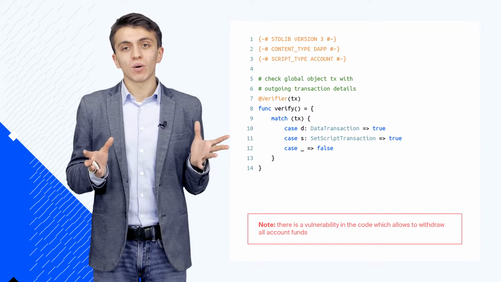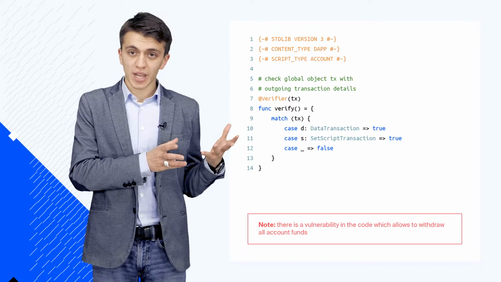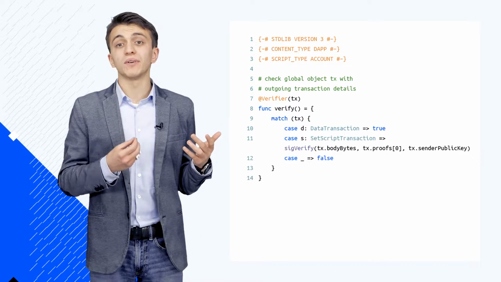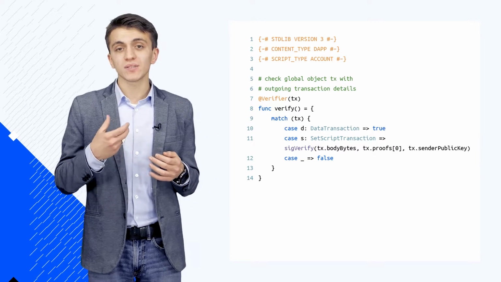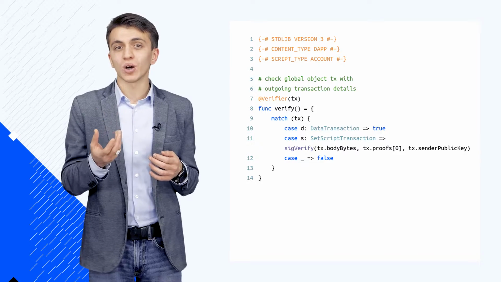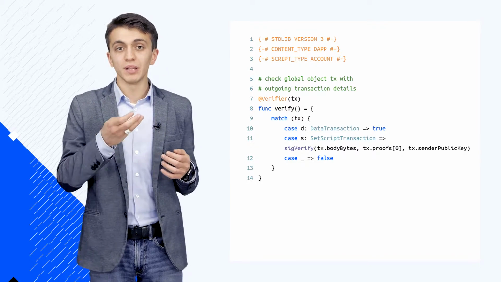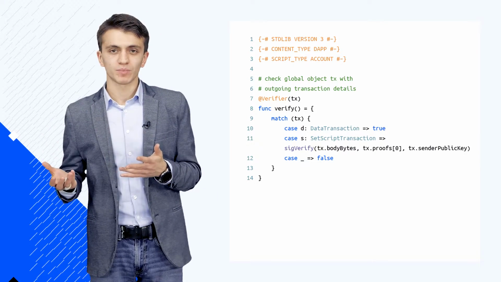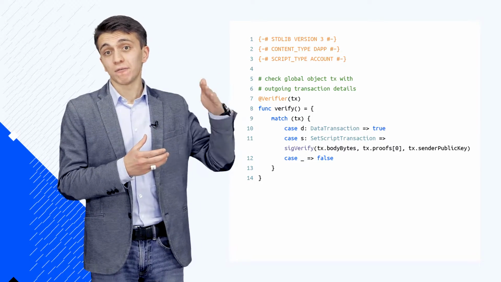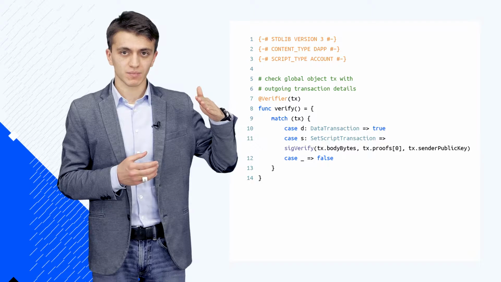In order to allow only the DApp owner to change or update the script, we should use the function called SigVerify. Using this function, we can check that a signature from an array of signatures called proofs belongs to the DApp owner. Let me explain it. Every transaction has a field called proofs.